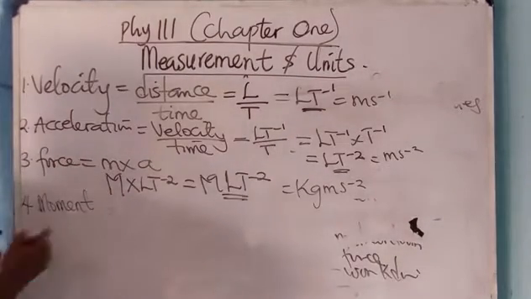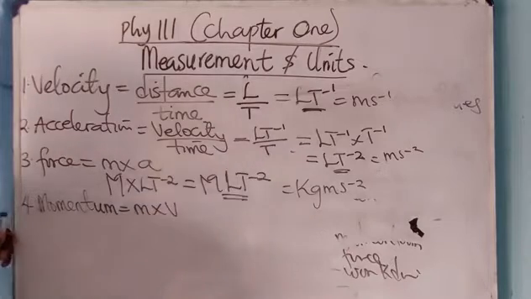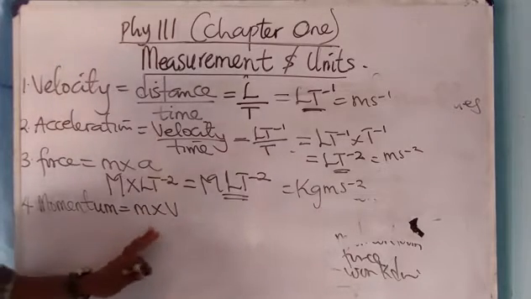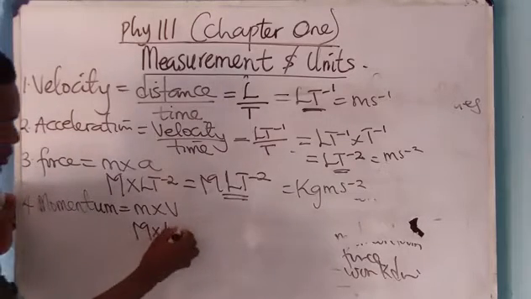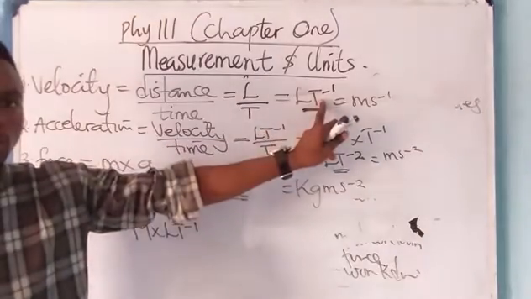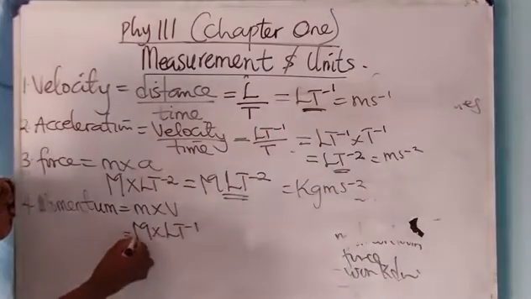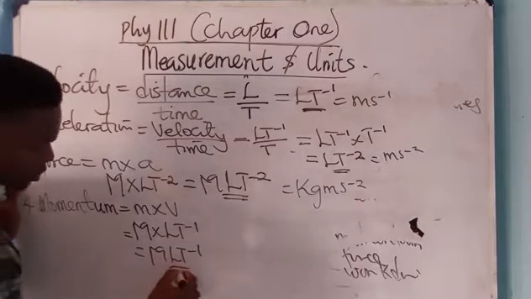Now momentum is mass times velocity. Momentum is the product of mass and velocity. Mass is big letter M. Velocity is LT minus 1, as initially deduced. So this becomes MLT minus 1.